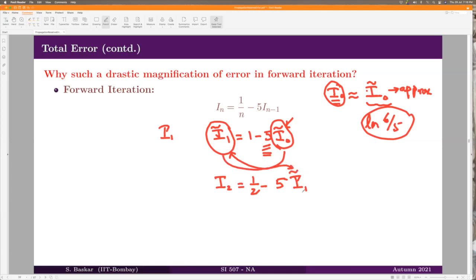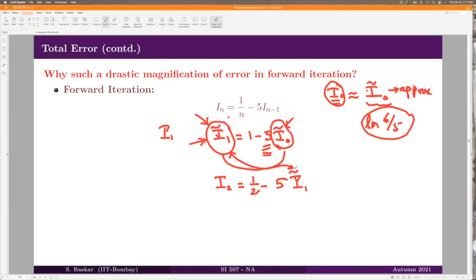Again, the error in I1, remember, was already multiplied 5 times when it went from 0 to 1. Now from 1 to 2, it is multiplied by 5 once more. So the initial error in I0 is now amplified 5 into 5 times, plus the error committed here, which is the floating point error.